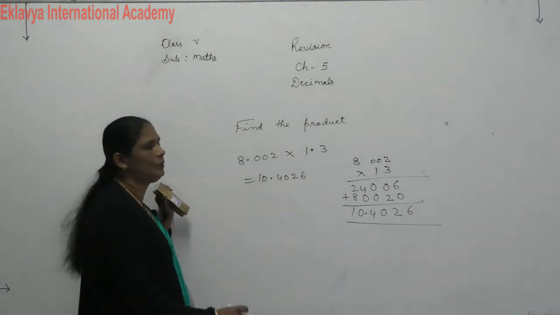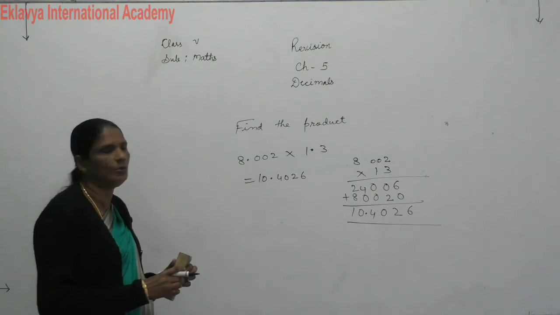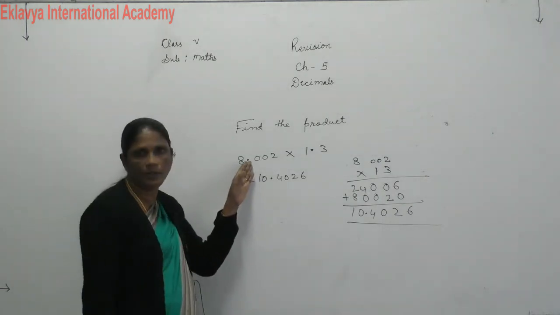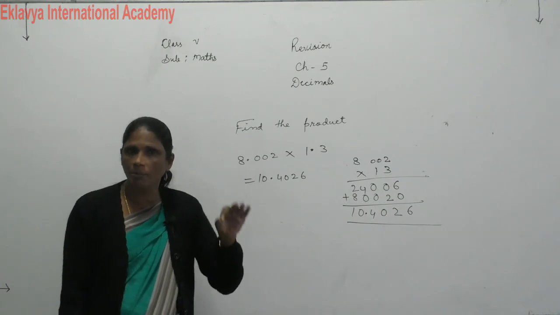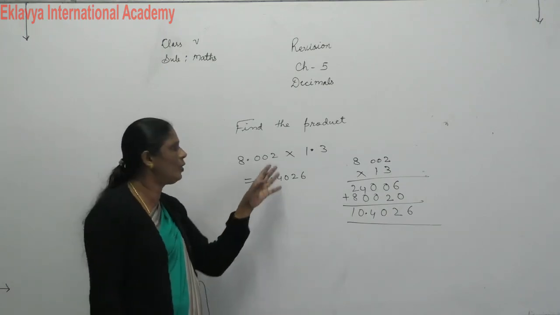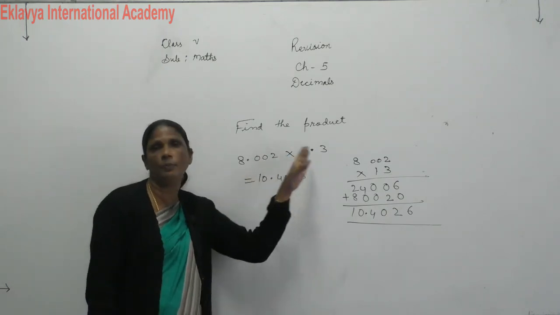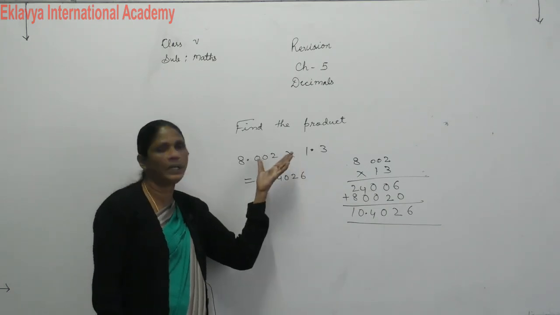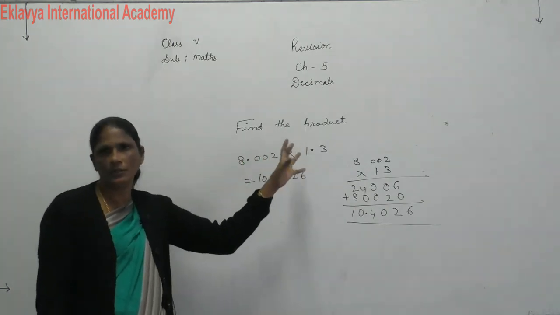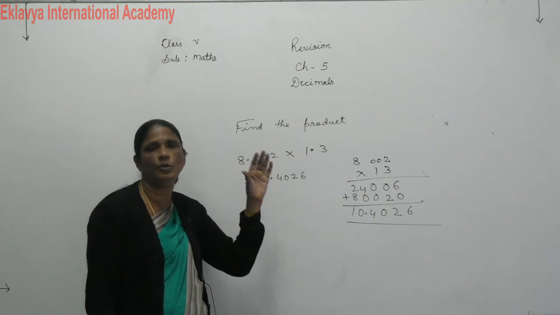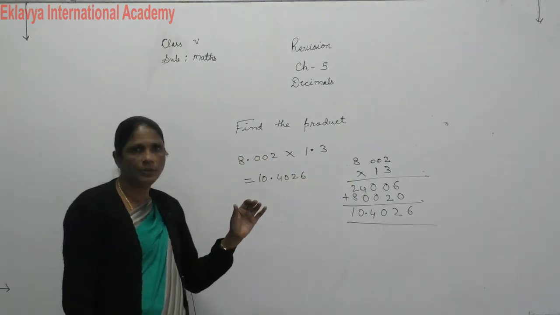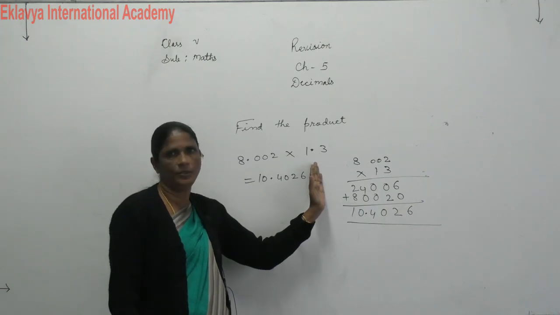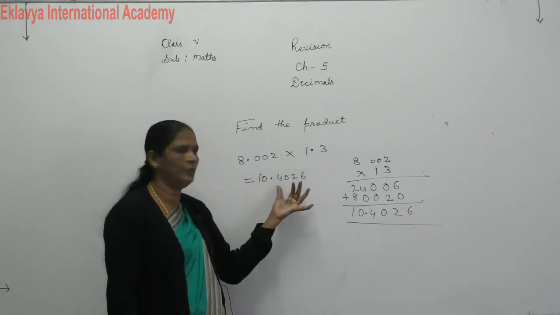Understand how to multiply decimal by decimal? First you do simple multiplication, then you count the decimal places of both the multiplier and multiplicand, then you count 1 2 3 4 from the right hand side.